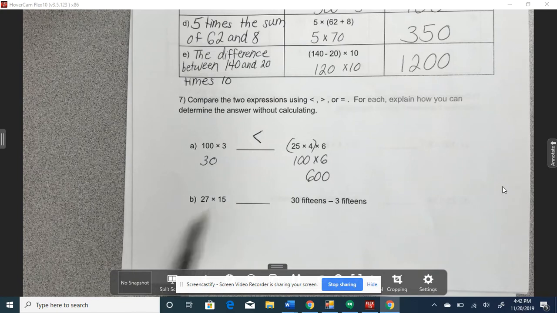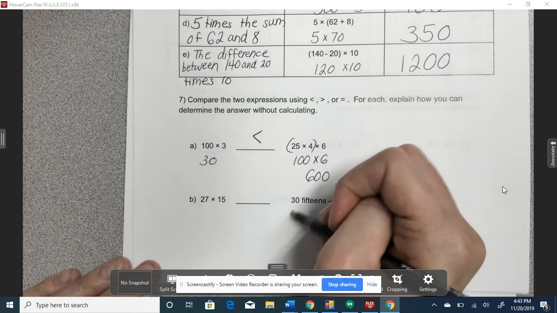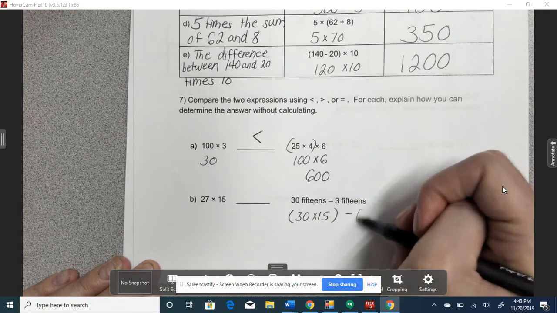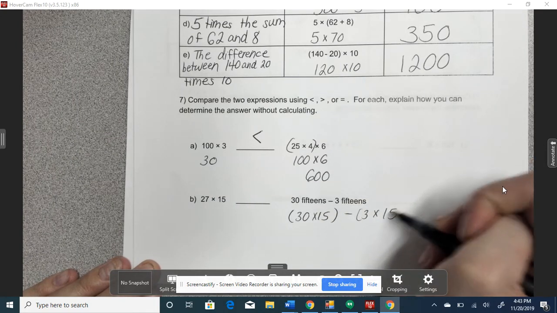Finally, 27 times 15 and 30 15s minus 3 15s. Well, I'm going to start with this one because that seems like a little bit more work to do. 30 15s is 30 times 15. I'm going to put that here. And then minus 3 15s is 3 times 15.